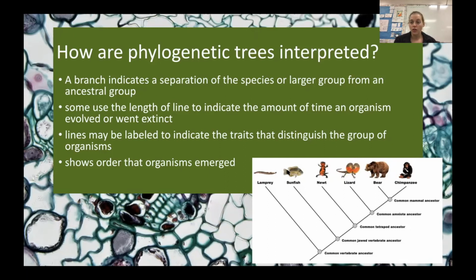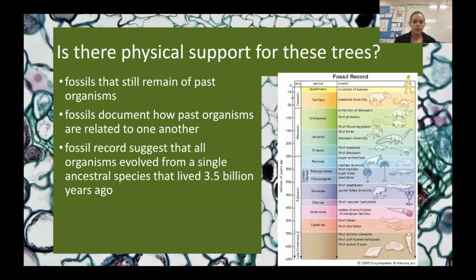So these are how phylogenetic trees work. There is physical support for these trees, of course, with fossils, and we've looked at the fossil record and how we have these gradual changes that emerge and are retained and build upon. So fossils document how organisms of the past were related to one another, and we can look at physical characteristics with that.